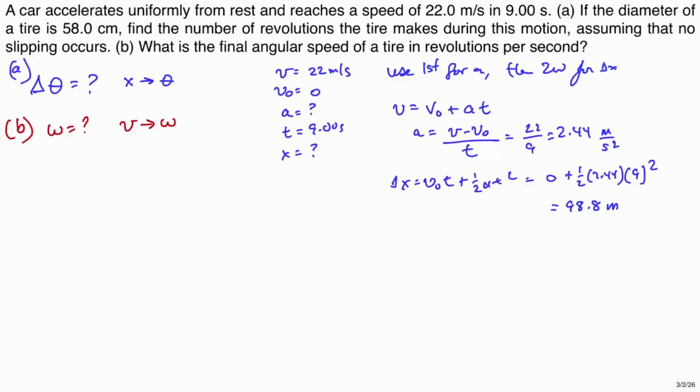So how do we find out how many revolutions the tire makes? Is there anything in our toolbox that could link a linear distance in meters to an angle in radians? The arc length equation.